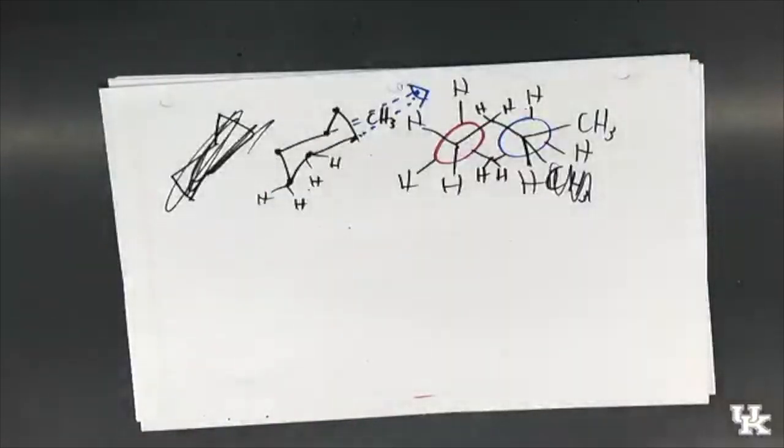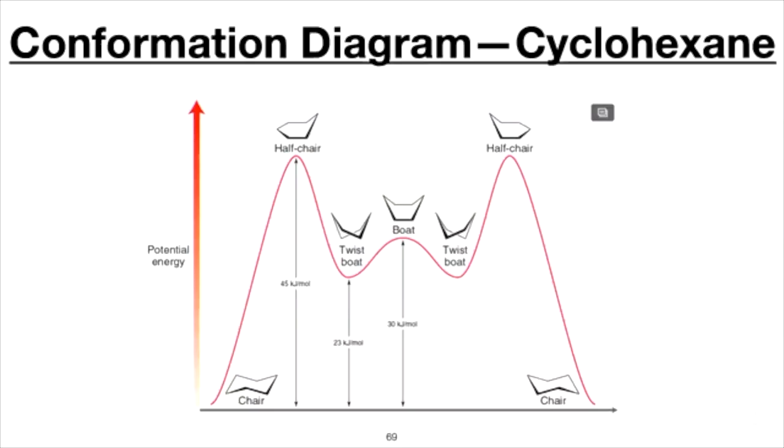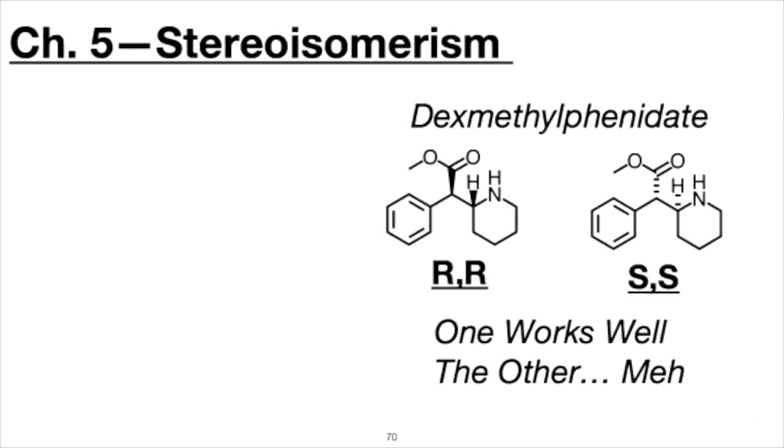All right, so if that's all, that brings us to chapter 5. Chapter 5 is a great chapter. It's on stereoisomerism. And it's a really cool concept because just like in the beginning of the lecture today, we asked ourselves, do molecules have reflections? We saw that the answer was yes.